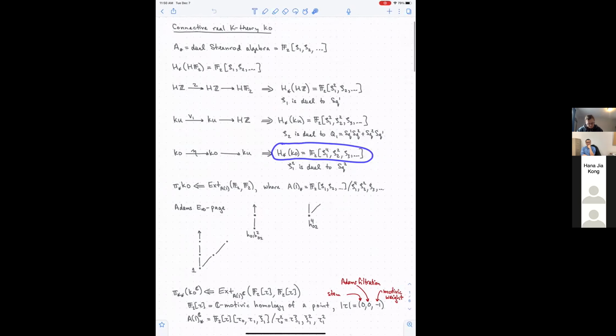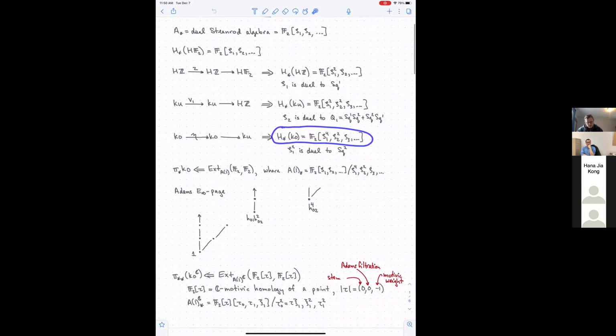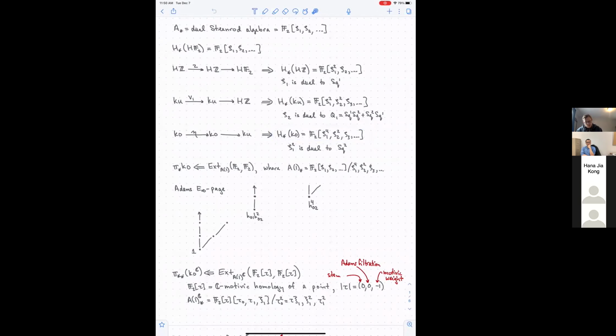Now, let's say we want to study the Adams spectral sequence for little ko. You write down the inputs of the Adams spectral sequence, and you stare at the Ext groups that are the E2 page. You can use the fact that the homology of ko looks like this, and you can end up rewriting the Ext groups in this way.